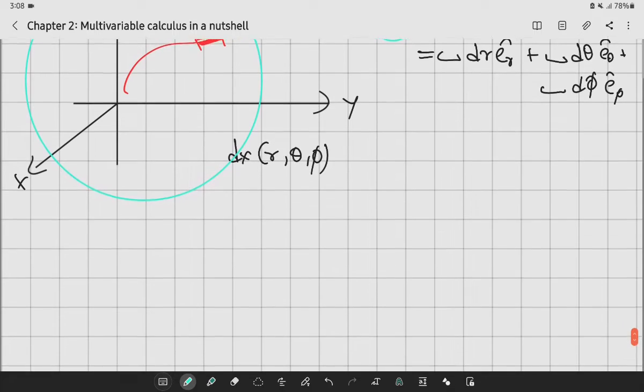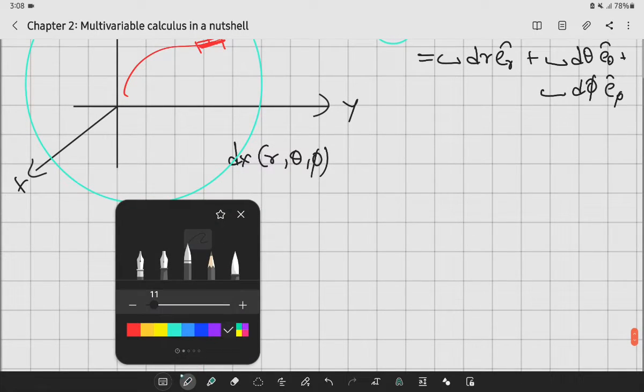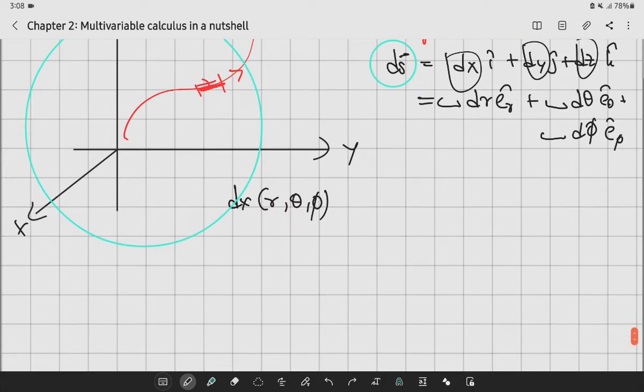The idea is that each of dx, dy, dz is a function of r, theta and phi. And we can use the chain rule from here. This is another reason why I kept this topic until the end of this chapter, because we haven't taken the chain rule until now.